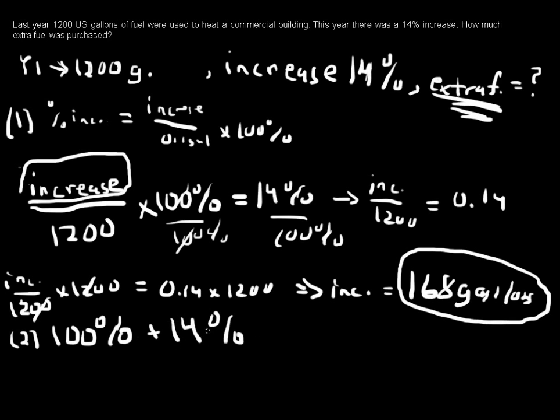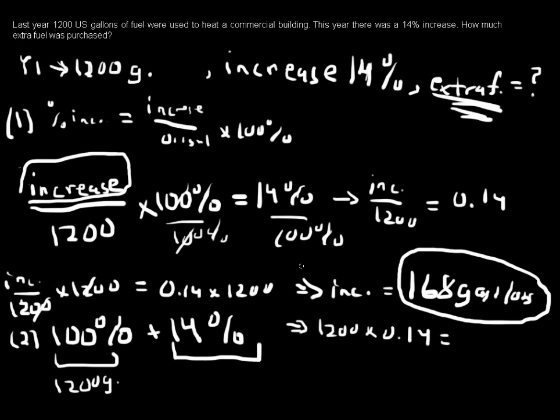This is just a way of skipping the entire first step. You just want to look at the 14%. So 100% was 1,200 gallons. Well, how are we going to find 14%? 14% of 1,200, the same way as before but skipping all the moving around, is 168 gallons.